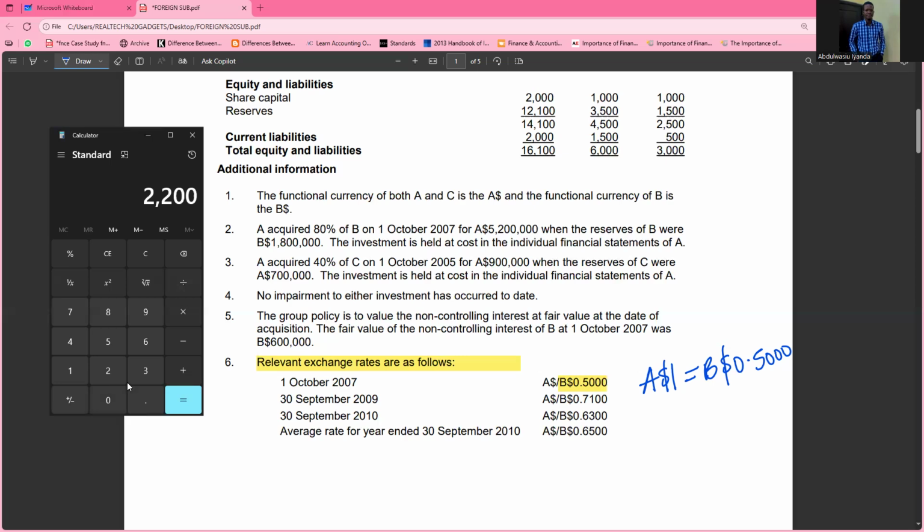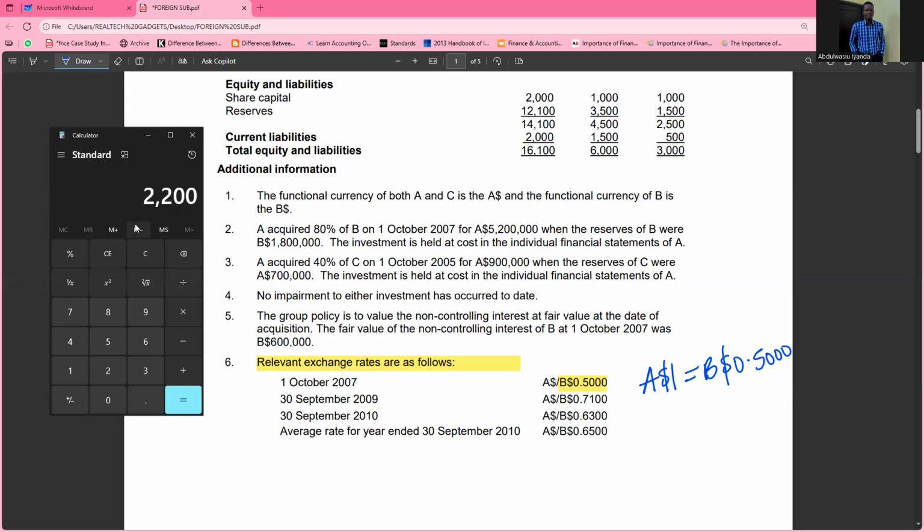Once you determine the most valuable currency, the next thing you need to think of is this: if this 2,200 is in B currency, and B currency is higher than A, then by the time I convert this money to A, it will be more than 2,200.